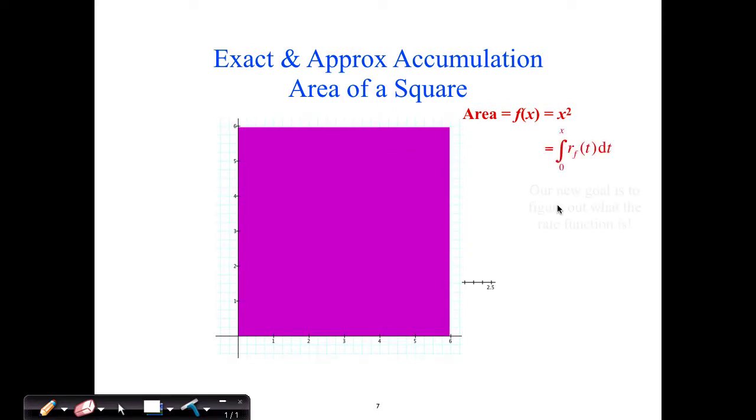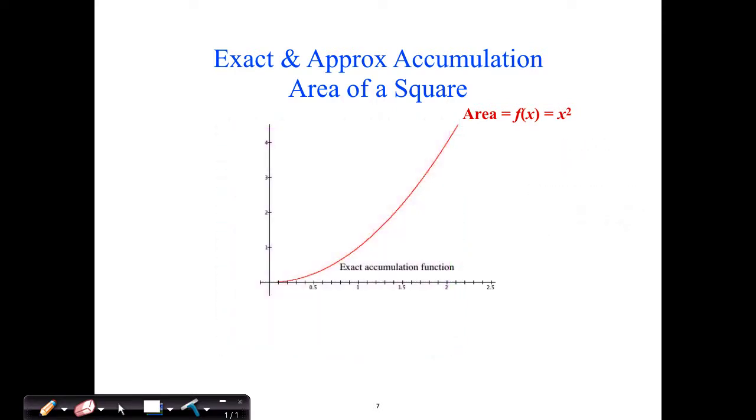If I want to think about the graph that compares these correspondence points, the side lengths and the areas, that would look like this, not like a square. So I can't measure the changes geometrically by measuring length and width from this, but I know that each point in this curve, this is an accumulation function.